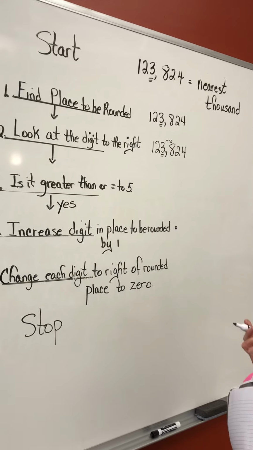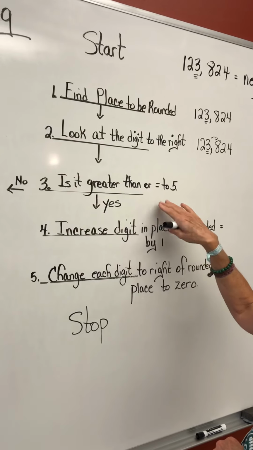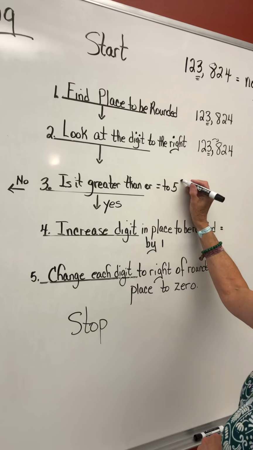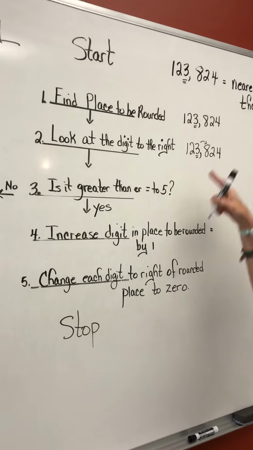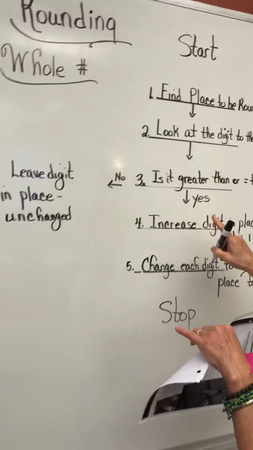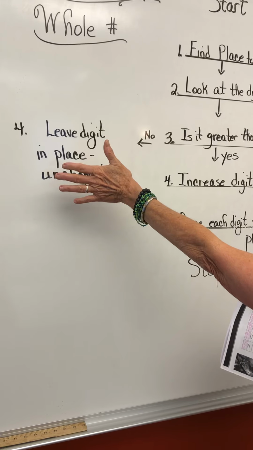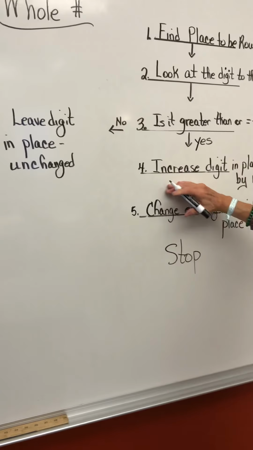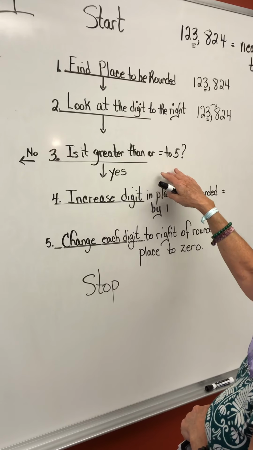Now I'm evaluating that 8. My question is it greater than or equal to 5? Well, it is greater than, right? So I have two answers here. No is going to lead me to number 4 here. Yes will lead me to number 4 here. So yes, it is greater than 5.